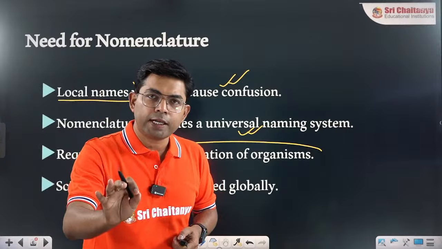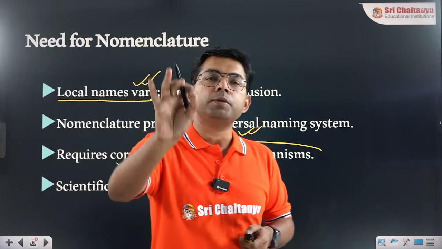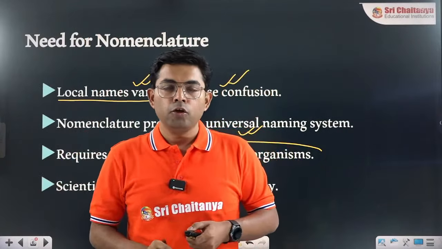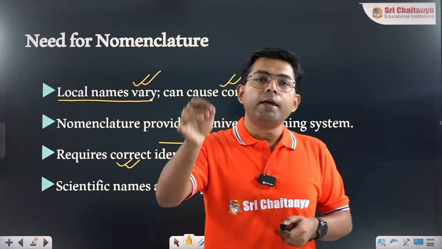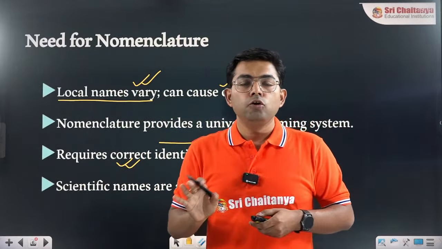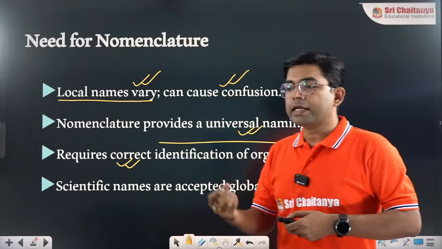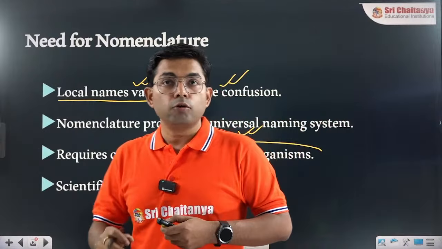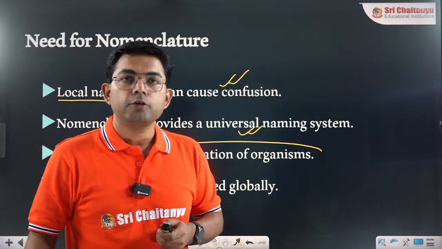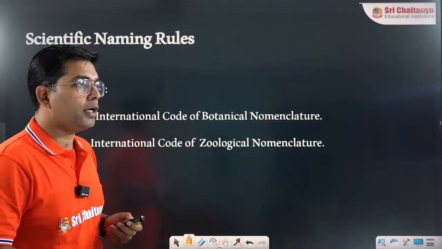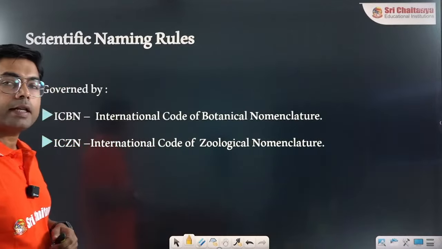These scientific names were then gradually accepted globally. Now scientifically you will only call a human Homo sapiens. You will call mango Mangifera indica, not by any other name. Then who will do this nomenclature? There has to be some standard body which will do the nomenclature.